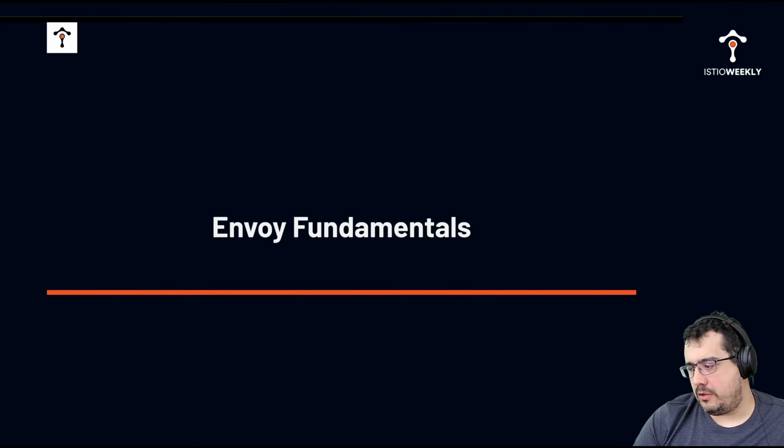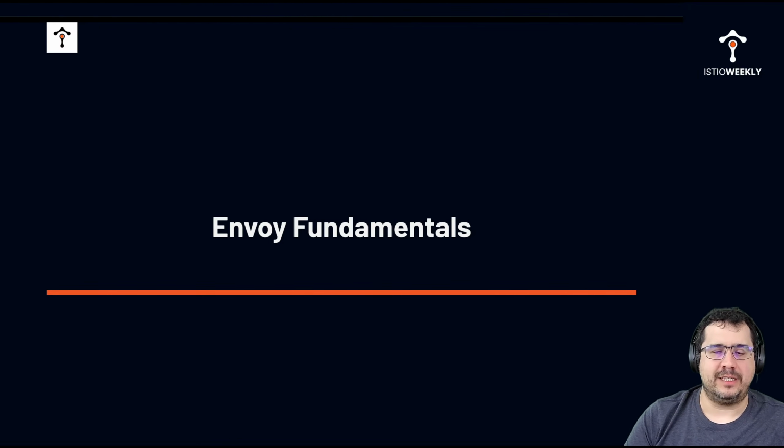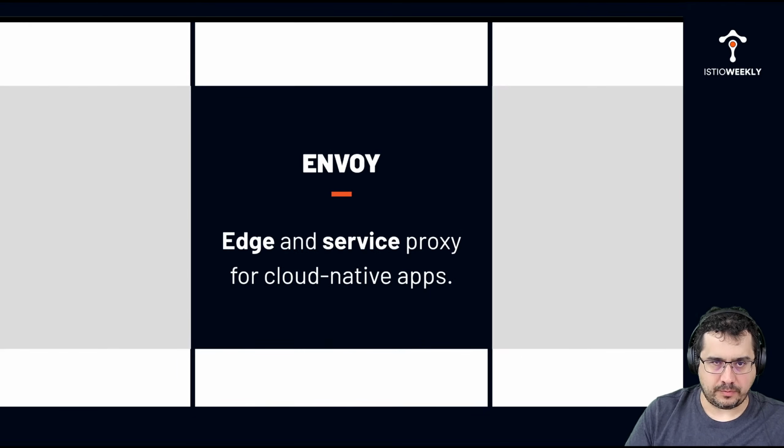This episode will look at some of the fundamentals of Envoy, some of the building blocks, and I'll try to give you a high-level overview of how the proxy works. By understanding these building blocks, this will help you better understand how Istio works.